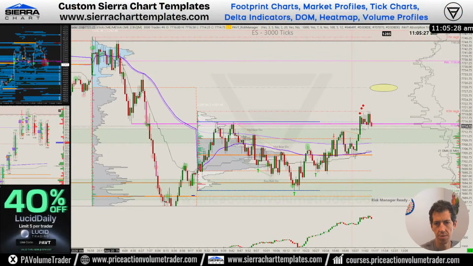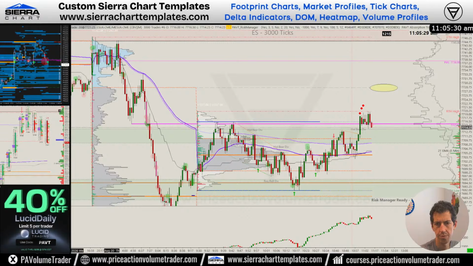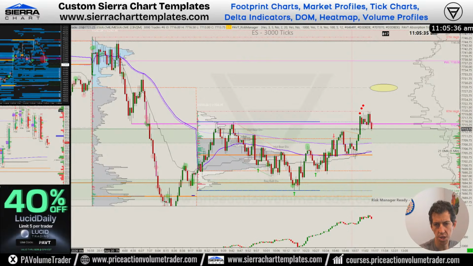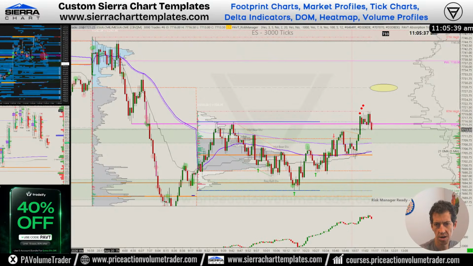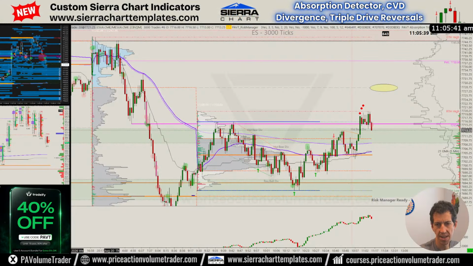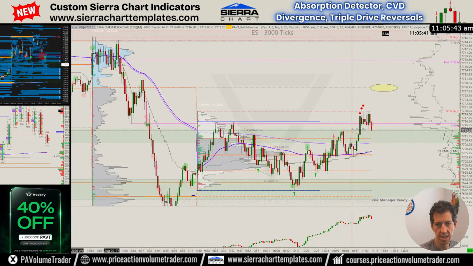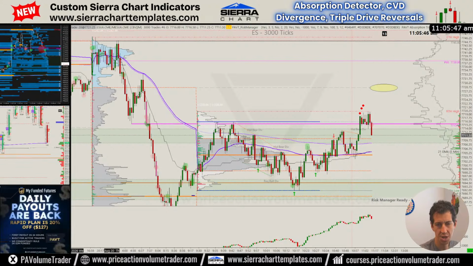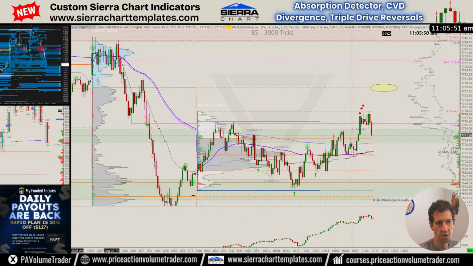Let me see. Nordic, I don't think you need to change anything on there. I think the signals on the CVD indicator will print as soon as all the factors that it looks for are confirmed.